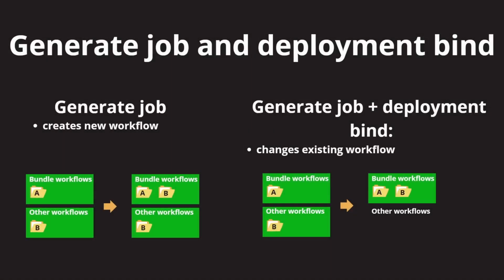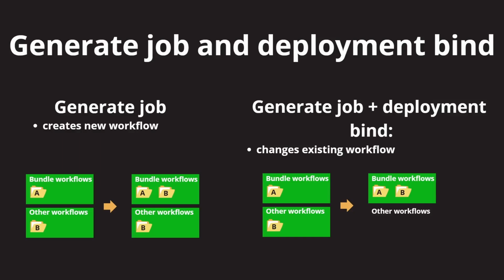What we have seen today is how to use the generate job and deployment bind commands in the Databricks CLI. We saw that if we only used generate job, then if we wanted to add an existing workflow into a bundle, the behavior was that it would basically create a copy of that workflow.